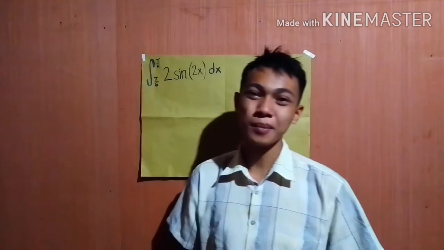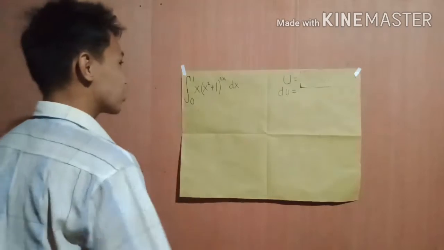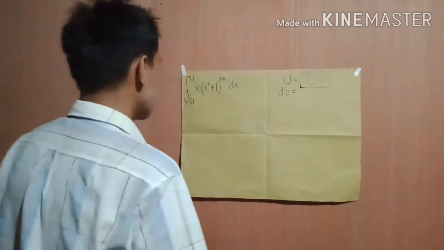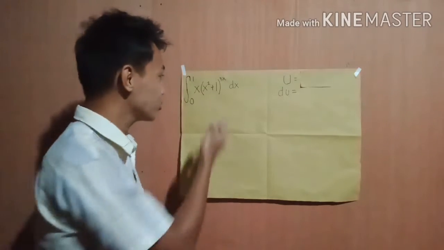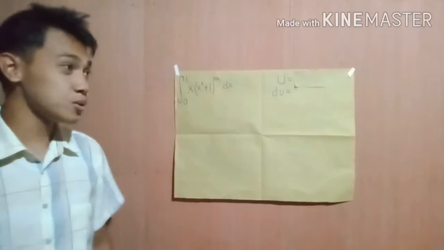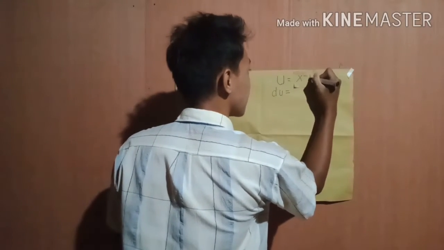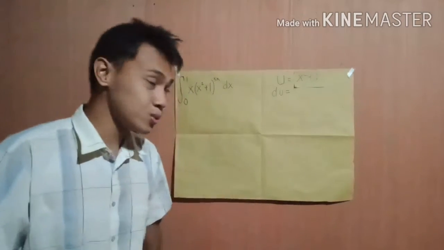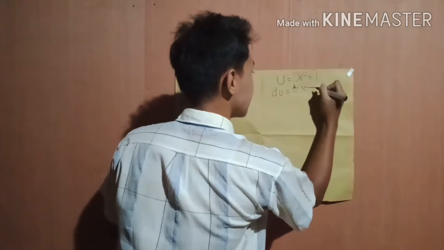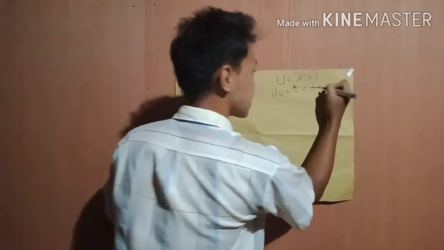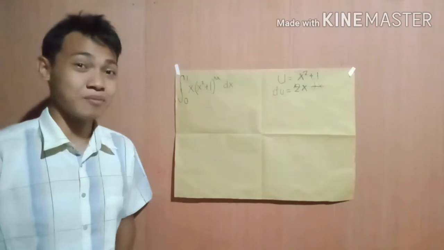Let's try to solve a problem. In this problem, the derivative of x squared is 2x, and I have a 1x, so that's good enough. So our u is x squared plus 1, and our du is 2x dx. Again, I have a 1x and another 2x, so I can divide by 2.